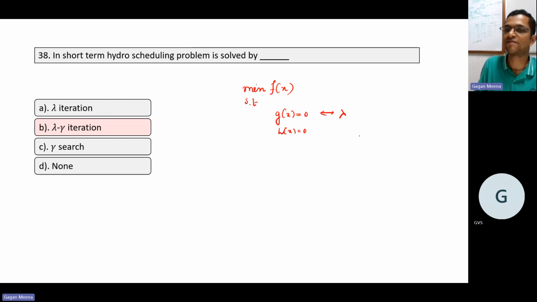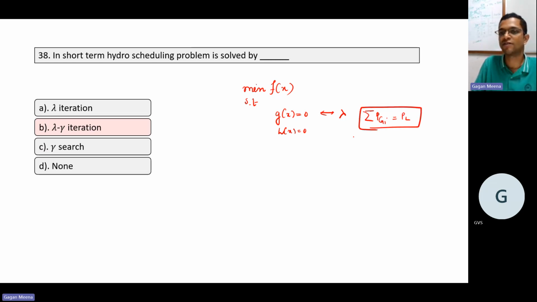In economic dispatch, we had only one dual variable because we had only one equality constraint, which was the power balance constraint: summation of PGi equals PL. But here in hydrothermal, we have one more equality constraint related to water consumption, the water balance equation.